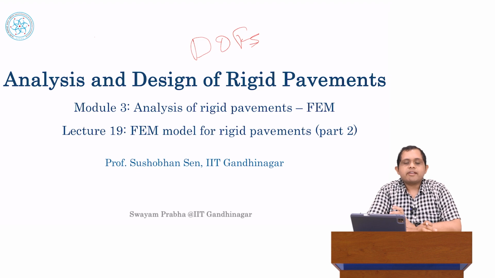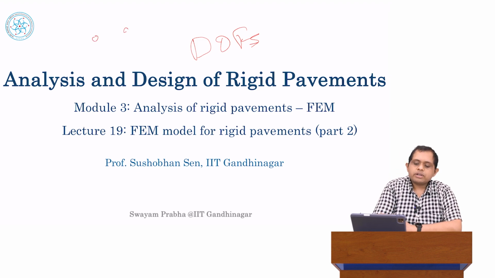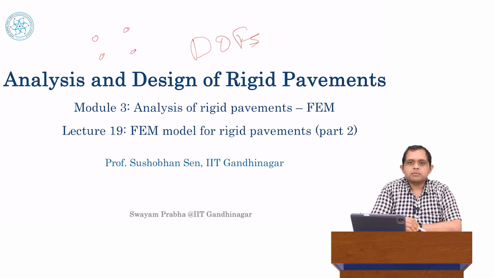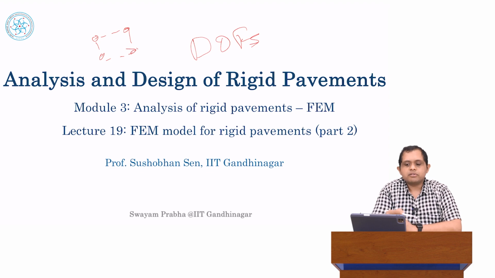Nodes themselves, they have a finite number of nodes. So at each node, we are going to calculate our unknowns, our degrees of freedom. And then we assume that a set of nodes is connected into a finite set of elements, hence the name finite element method. We assume that nodes are grouped or collected into elements, and there are a finite set of elements.